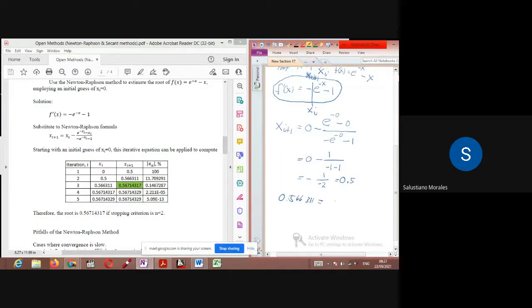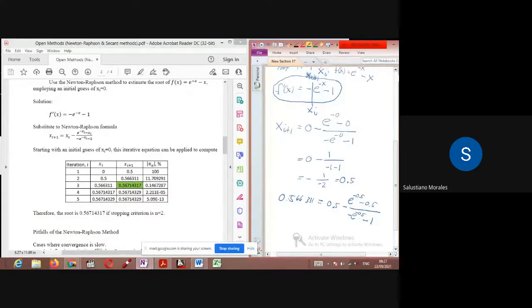So this is taken from x sub i, it is now 0.5 minus, e raised to negative 0.5 minus 0.5, all over negative e raised to negative 0.5 minus 1.